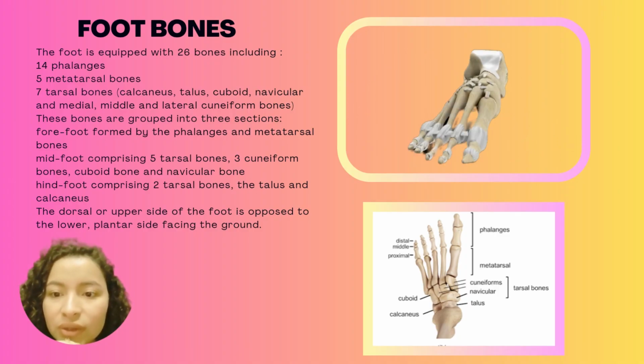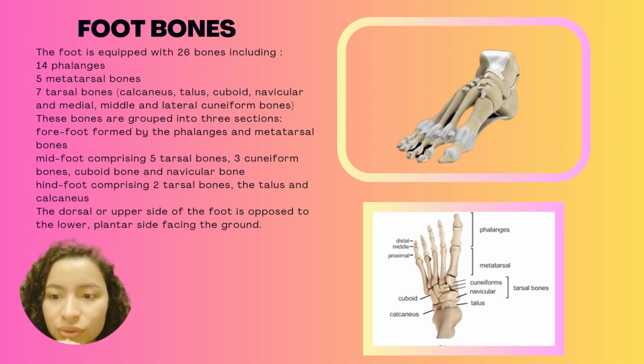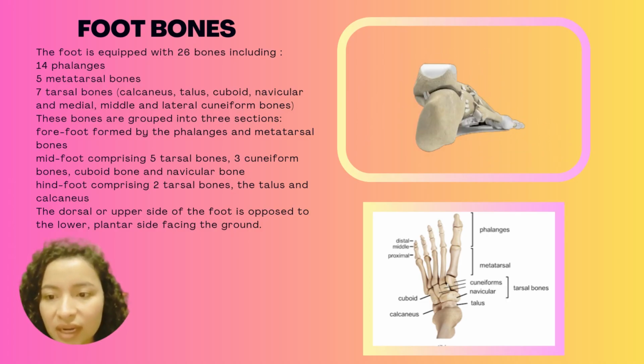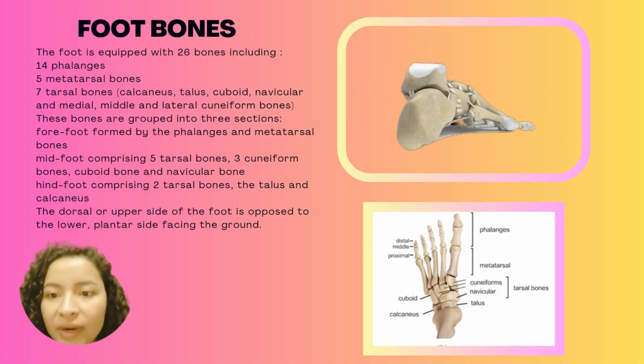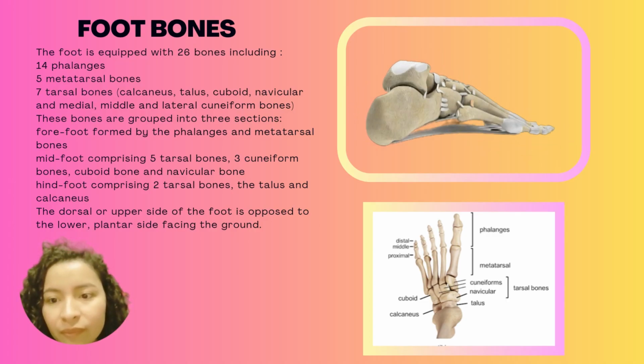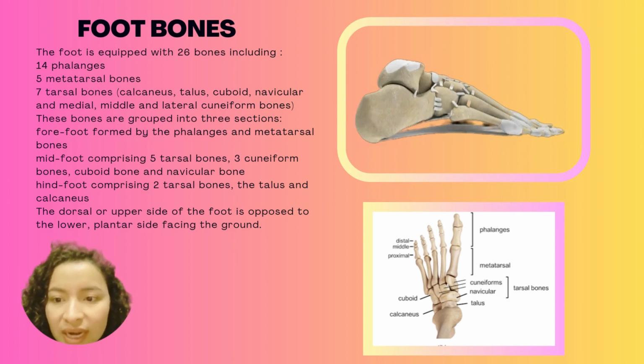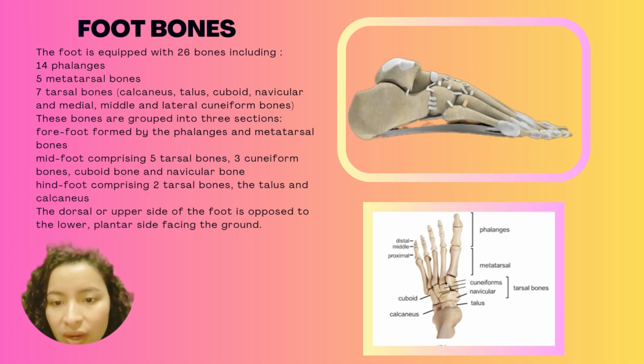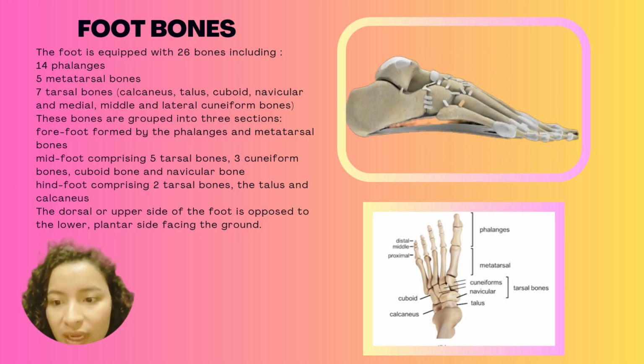These bones are grouped into three sections: forefoot, formed by the phalanges and metatarsal bones; midfoot, comprising five tarsal bones, three cuneiform bones, cuboid bone, and navicular bone; hindfoot, comprising two tarsal bones, the talus and calcaneus. The dorsal or upper side of the foot is opposite to the lower plantar side facing the ground.